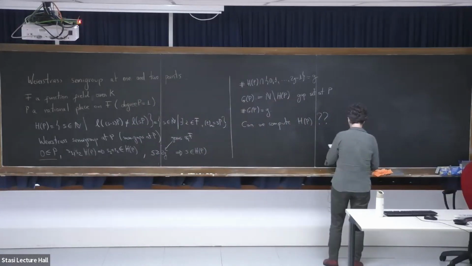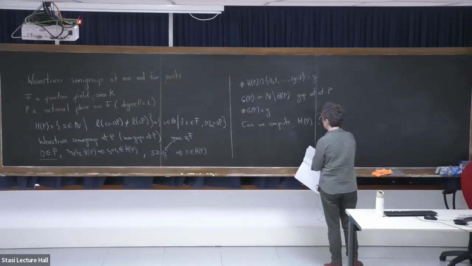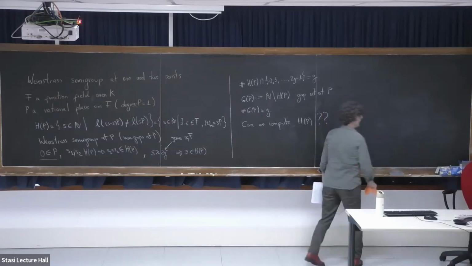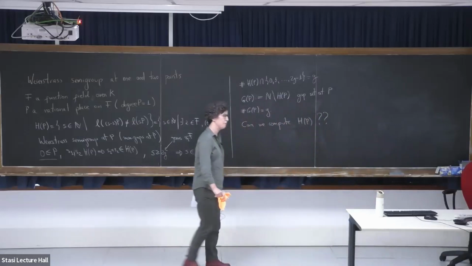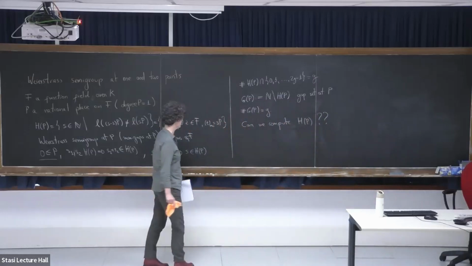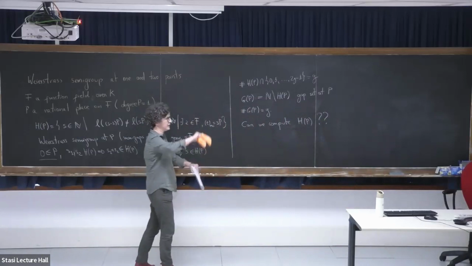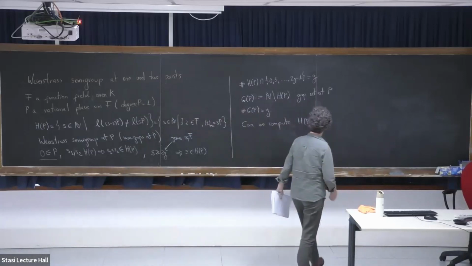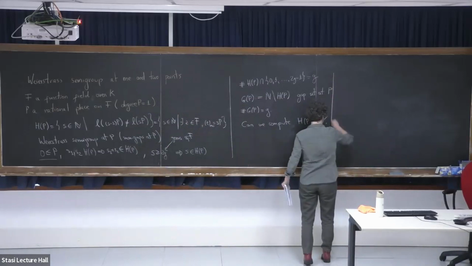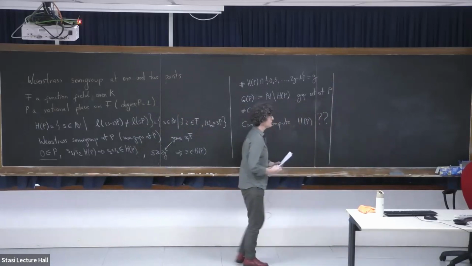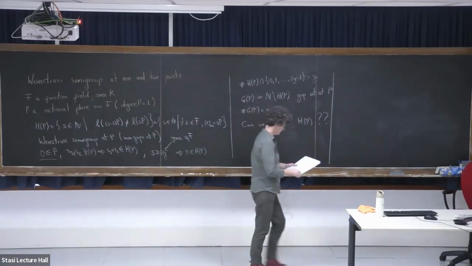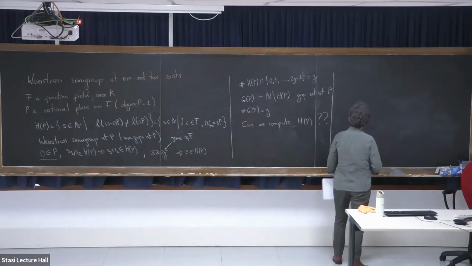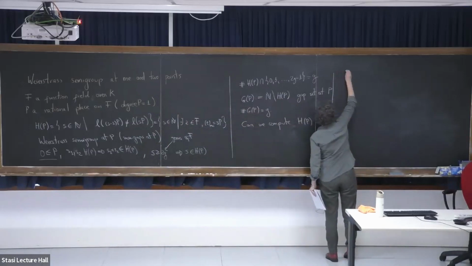And for doing that, I will need to talk a little bit about places in the rational function field and how they behave in extensions. Okay, so let's say we have the rational function field.